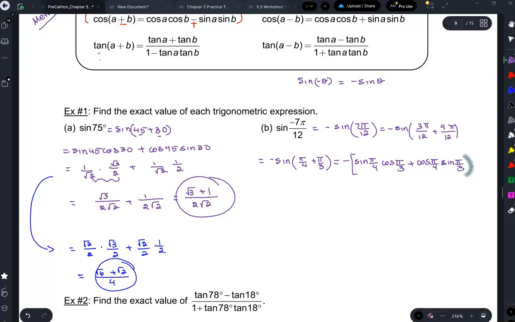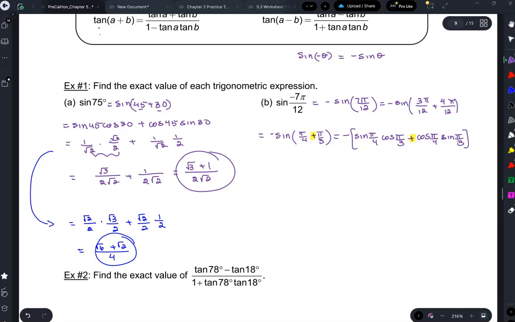Right? So do you see this? It's sine, cosine, cosine, sine, right? And then the plus here means a plus here.